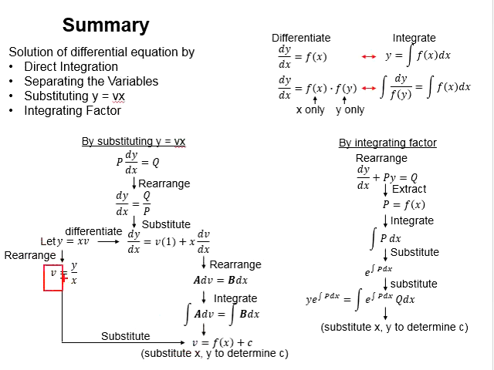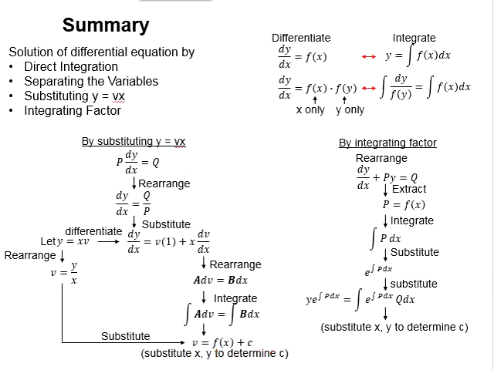This v is actually being derived from the functions y equals to vx, which you rearrange it, you get this. Once you have substituted the v into the functions, what is left over, it will be in the form of x, y, and also there is a c.